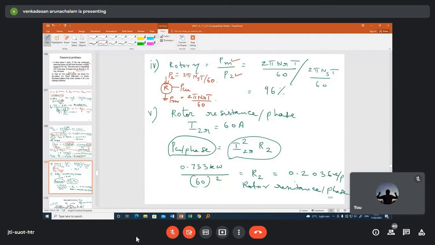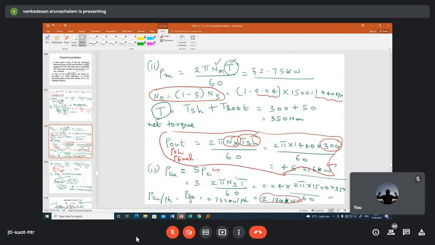So now we need to find this T. Of course, we need to find this T, that nobody asked me. This T is not 300 Newton meter. 300 Newton meter is the final torque available in the shaft.